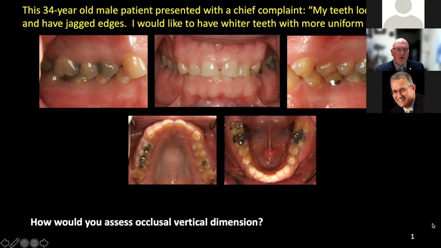Possibly I'm thinking maybe you could potentially use the same method that we use for edentulous patients, using pleasure points to measure rest space to see if there's an excessive amount of resting position in this patient.